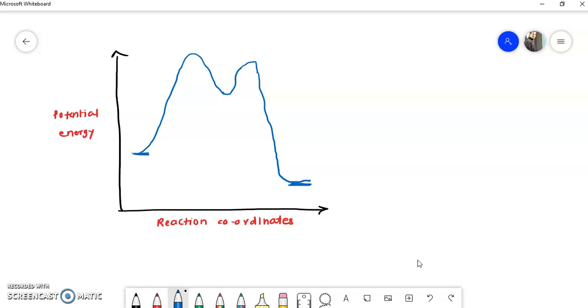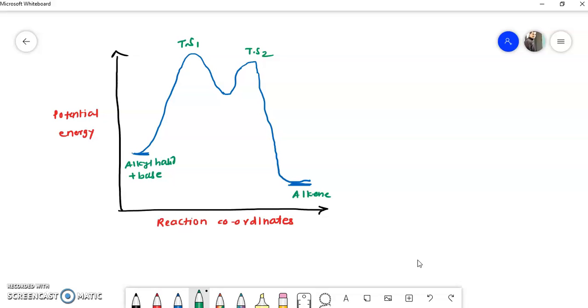So see, this will be alkyl halide plus base, this will be transition state 1, this will be transition state 2, and here we get the product alkene.